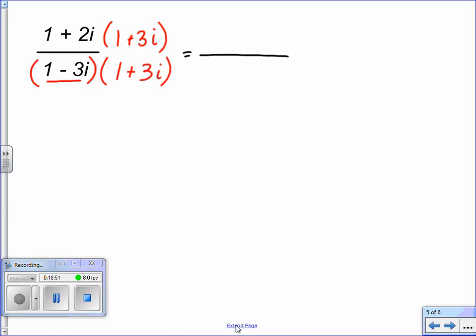So I'm going to do a squared plus b squared. 1 squared plus, and then you decide if you're going to put in the -3 or if you'd rather just put in the +3. It won't matter because they'll both turn out to be +9. So I'm going to keep going. That's 1 plus 9, which is going to give me a denominator of 10. Are we okay with that?